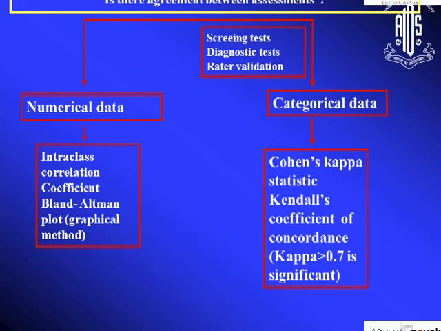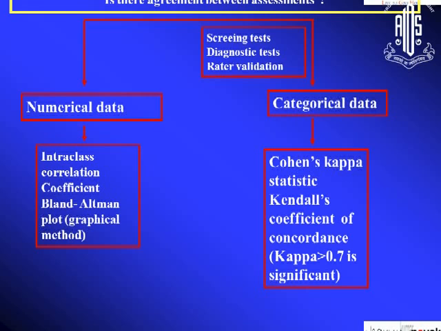Now the fourth question can be, is there agreement between the assessments? Suppose there are two examiners assessing the same group of individuals, whether their marking system or standard of marking is matching or not. So for that, this type of test will be applicable. Or there is some new instrument, a blood pressure measuring instrument, which has been introduced into the market. Then you have to compare it with the gold standard.